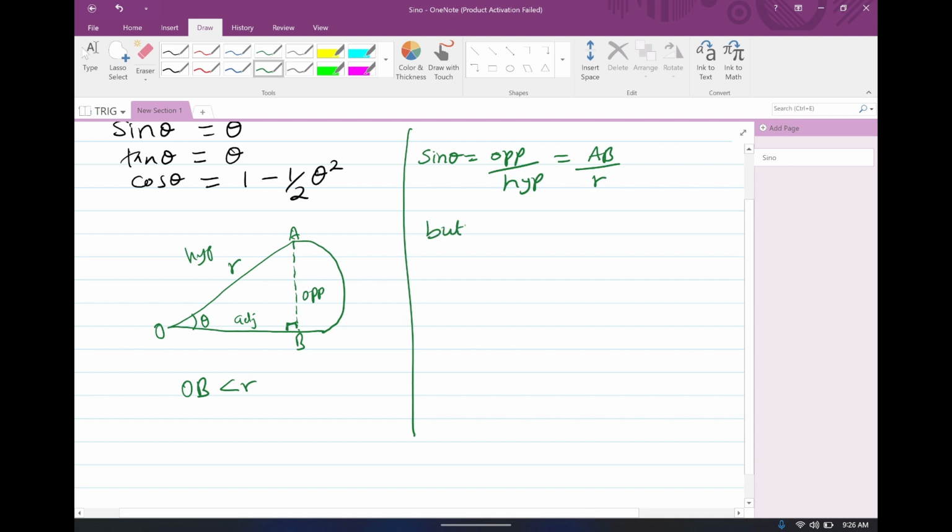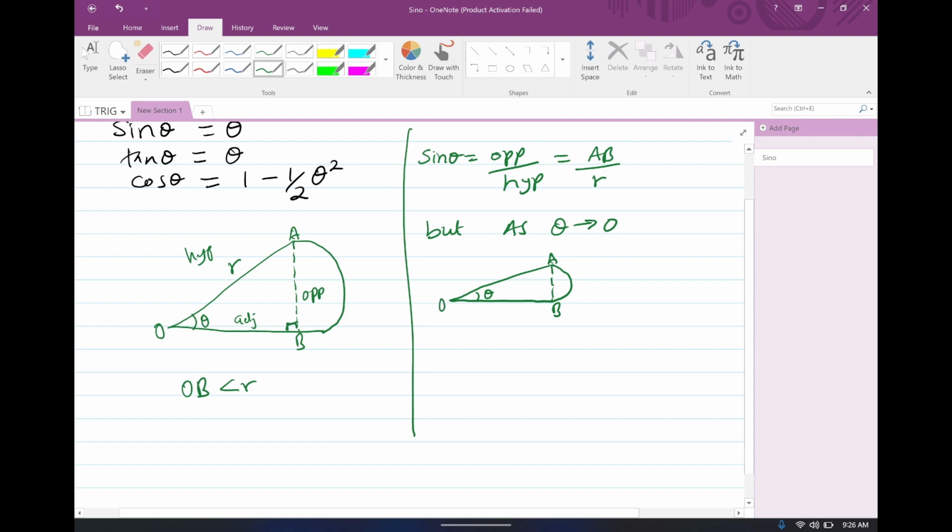But as theta tends towards zero, meaning that if we make the angle smaller and smaller, to be very small, there's something unusual that is happening in this case. As the angle becomes smaller, our opposite also becomes very small.